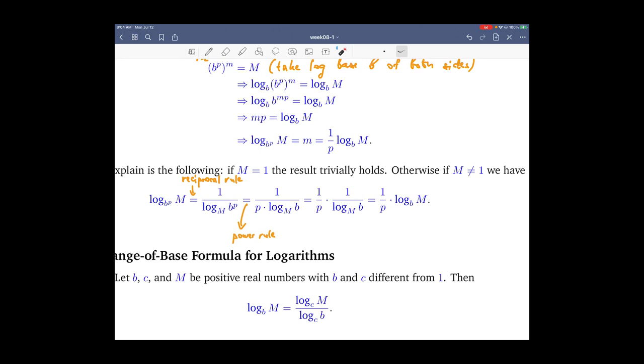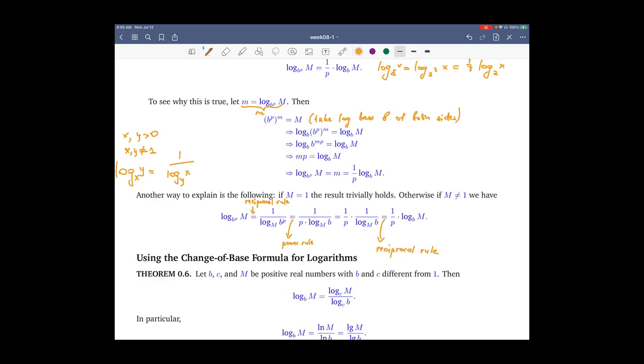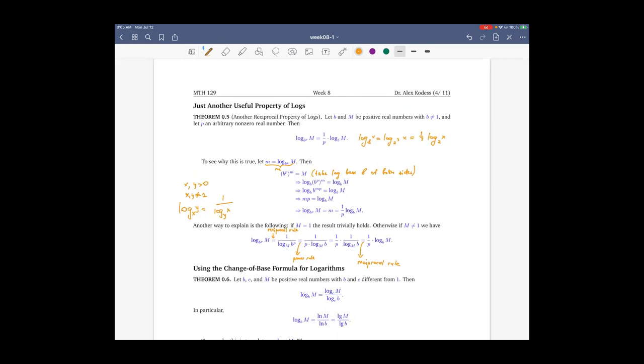It will be 1 over P times log B base M. Now, 1 over log B base M, apply the reciprocal rule again, will simply be log M base B. Here we apply the reciprocal rule again. Very useful property.